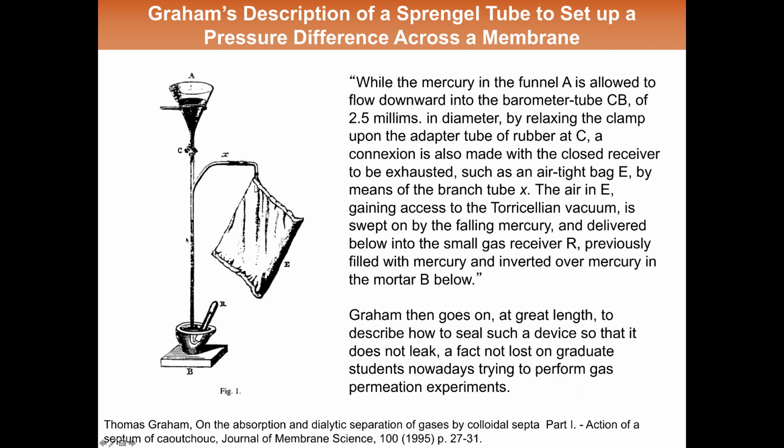And when the mercury flows down, by a siphoning effect, it pulls the air out of this bag. If you read this paper, it's interesting because he goes on at length to describe how to seal such a device, and it just reminds me of the troubles we have in the laboratory with getting rid of leaks. And Graham was also having problems with leaks more than a century ago.